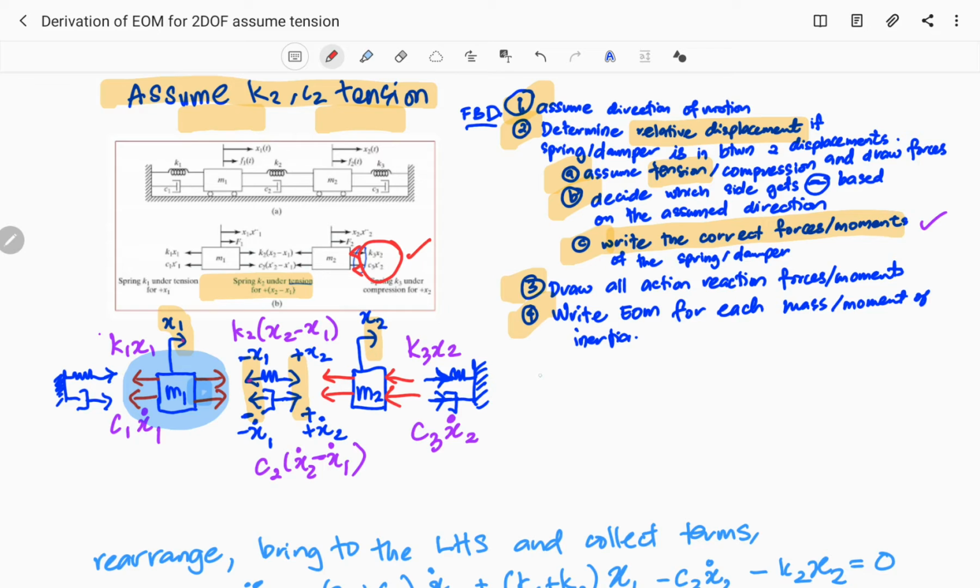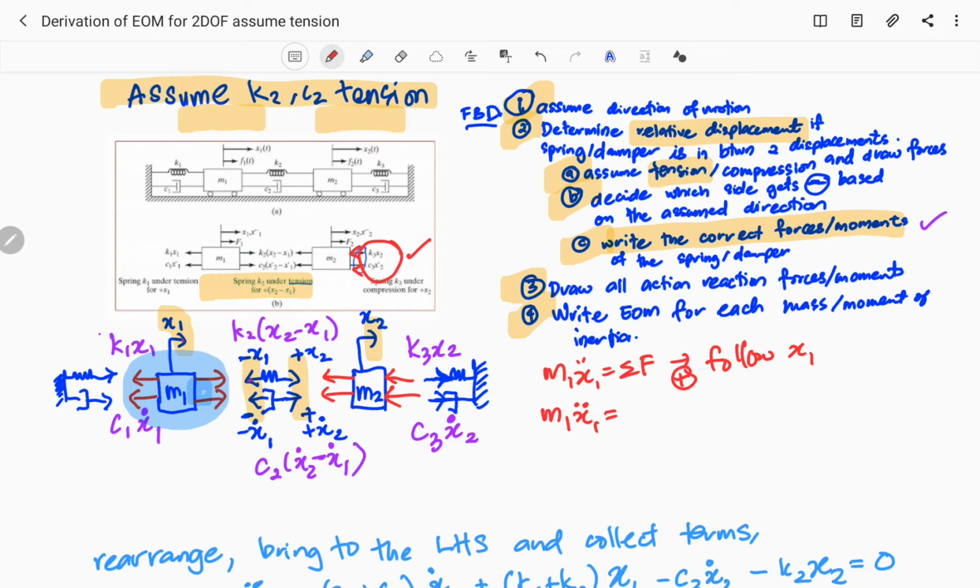The way to write it is you have your M1 x double dot 1 equals the summation of forces, and your forces should be to the right as positive. You have to follow the x direction of x1. So you can write M1 x double dot 1 equals, and now you have 4 forces there.